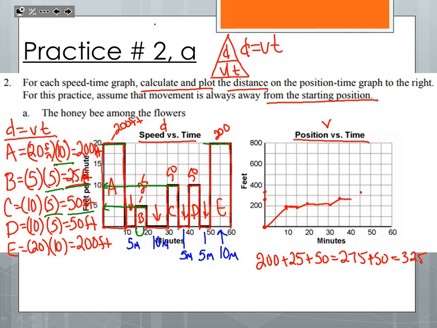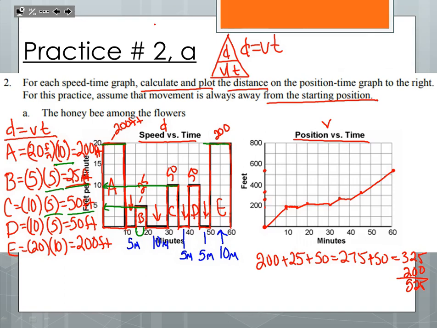I'm going to plot that point up. And then our last one is E. He added 200, and his final distance was 525. So 525 would be about here, and he was there all the way at 60. Plot my point. Remember, this is the distance that he traveled.